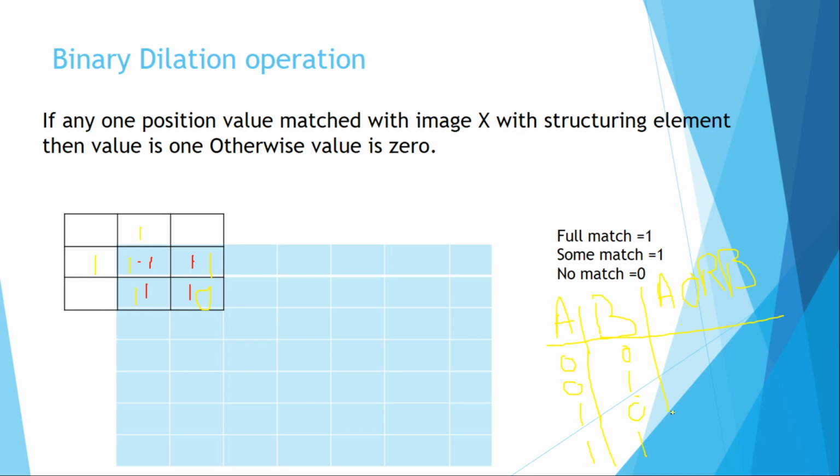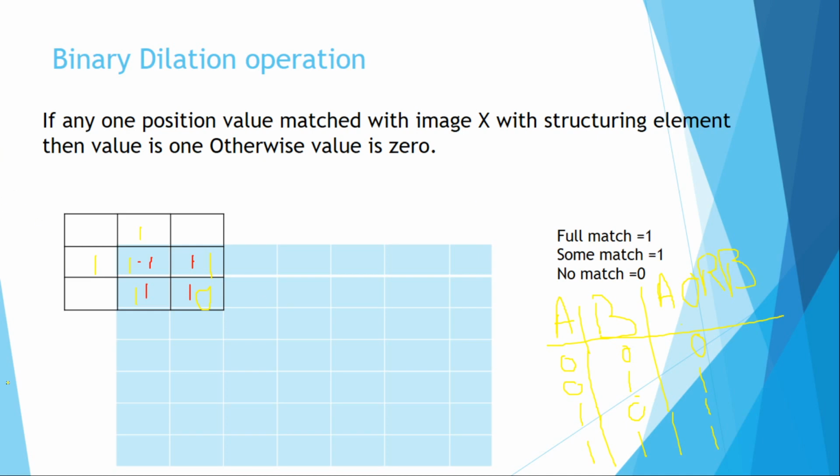For 0 0 it goes for only 0; in all the other cases the value goes for 1. So if any one of the values is matching over here, the resultant goes for 1.